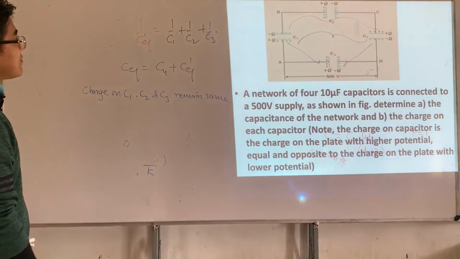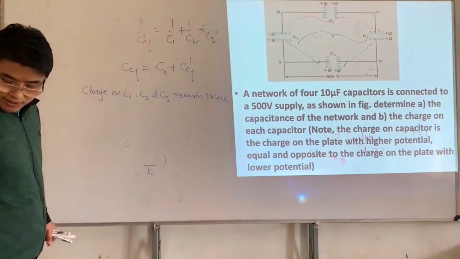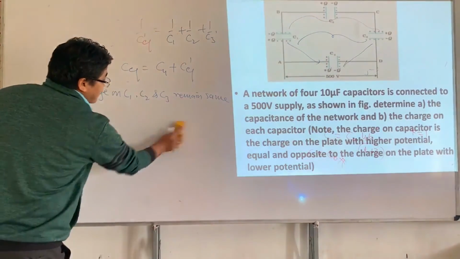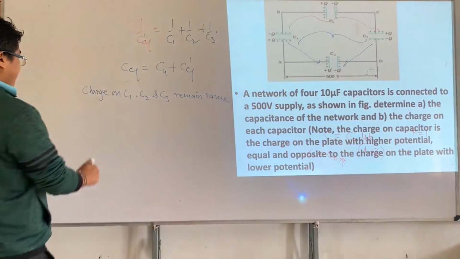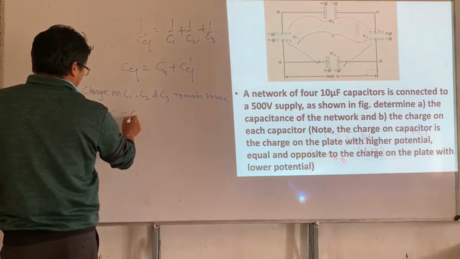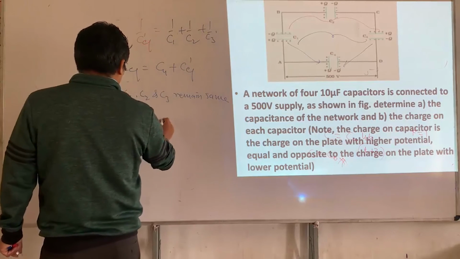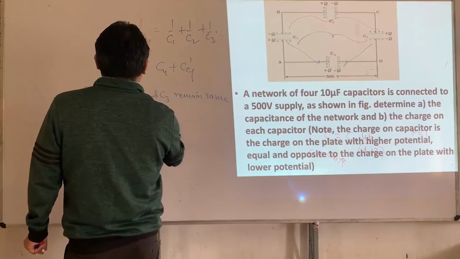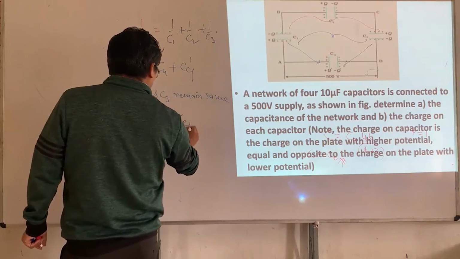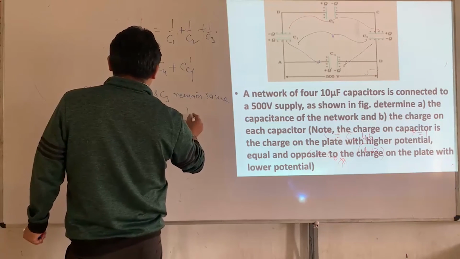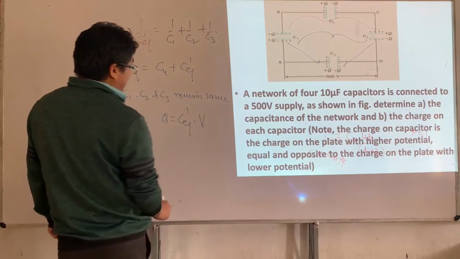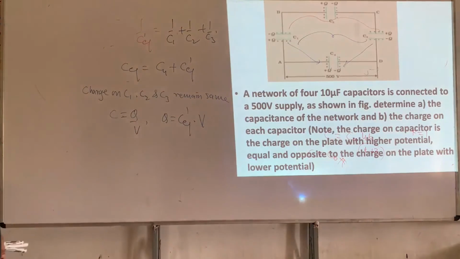So how much is the charge? The potential applied is 500. C is equal to Q by V. The potential is 500, so the charge is going to be C, which is the equivalent C prime, into the potential applied, 500. This is how you are going to get it.